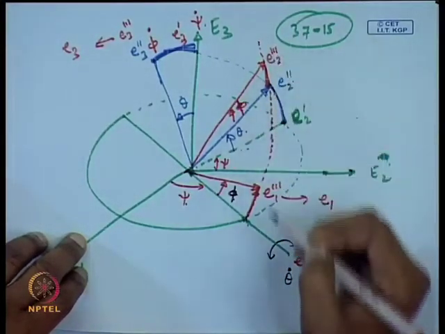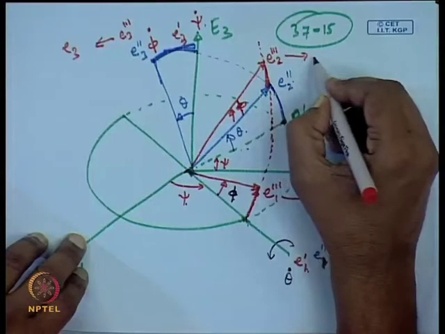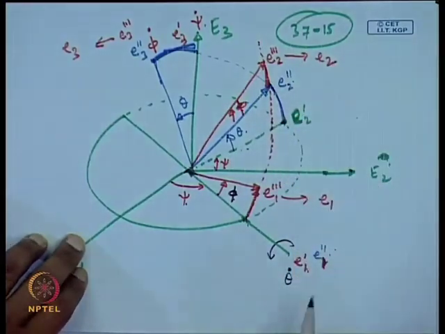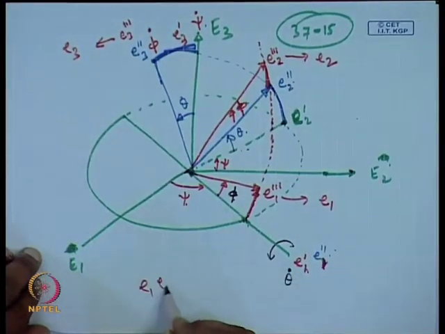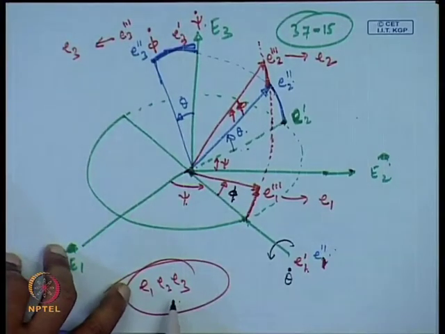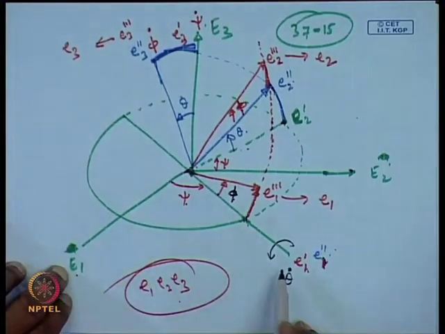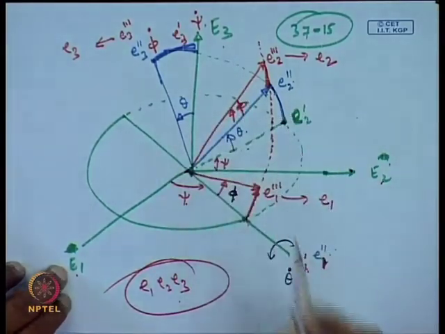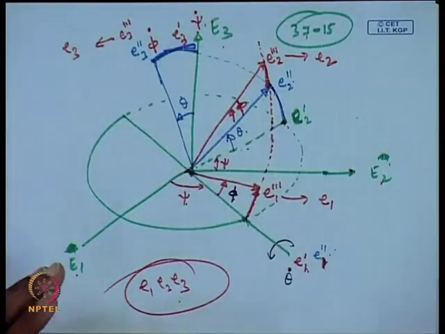So, we write E2 triple prime, which we will write as E2. So, E1, E2, E3 they constitute the body reference frame, and capital E1, capital E2 and capital E3 constitute the inertial reference frame. So, changing from the inertial reference frame to the body reference frame requires these three rotations, and they can be represented in terms of a matrix.